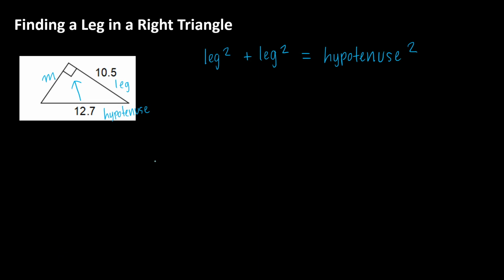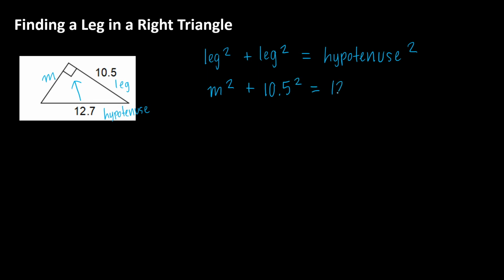So we're going to fill in the information that we know. We know that we are missing side m. So we're going to say m squared plus the other leg squared, so 10.5 squared, is equal to the hypotenuse squared.